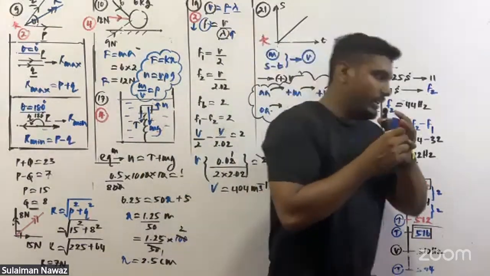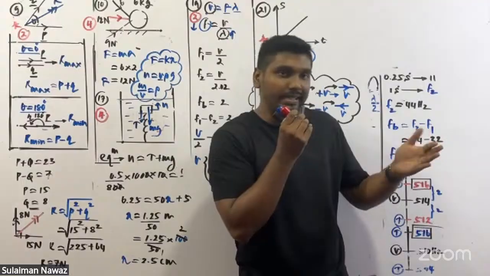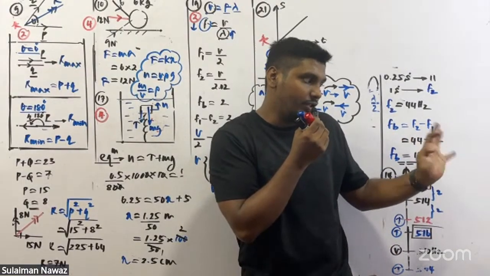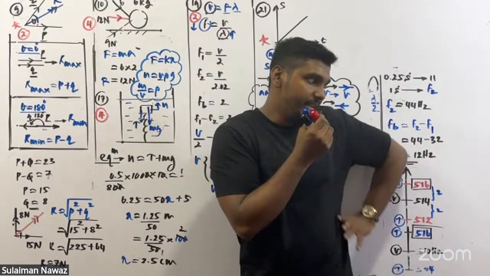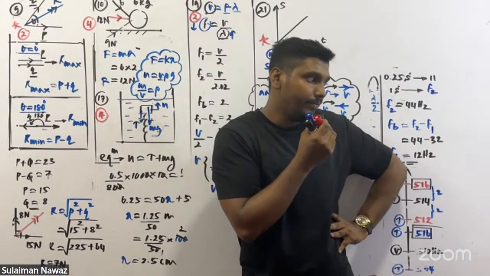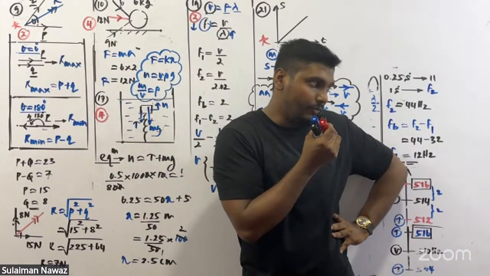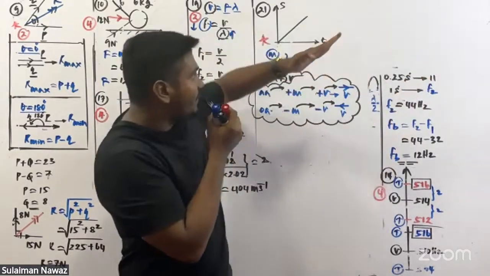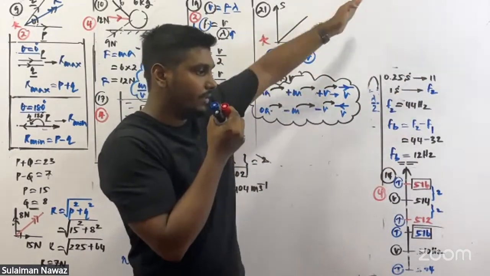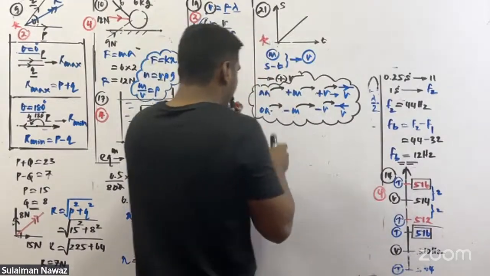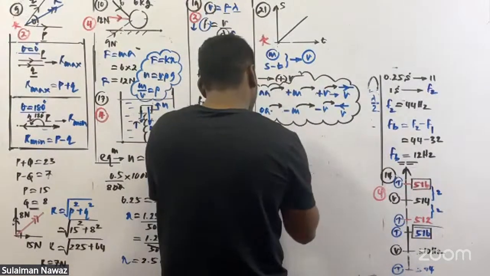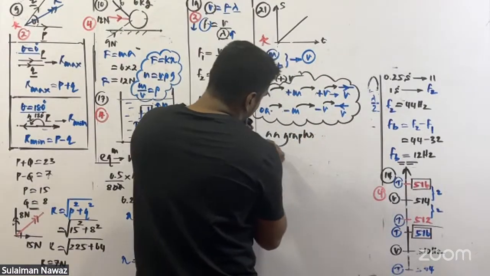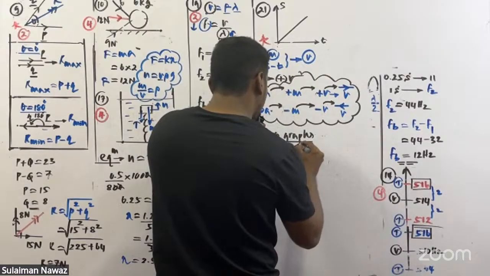Now tell me, look at the right side direction. When you consider A, B, C, D, the right side velocities are: A's velocity is right side 2, B's velocity is right side 8, and D's velocity is right side 4. Then the graphs of A, B and D must be acute angle graphs, like this.